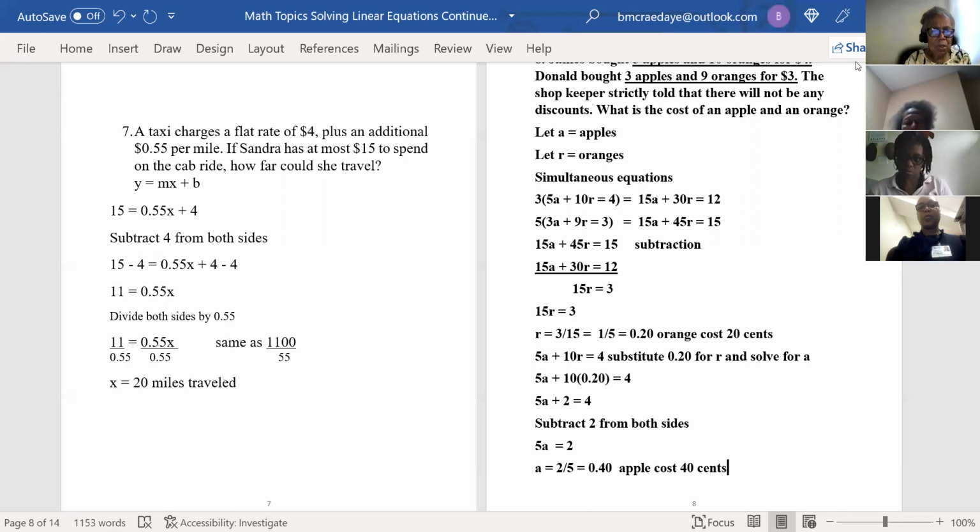Substitution means you take one equation and solve for one variable, and then substitute it into the second one. That's not always the easiest, because here you've got multiplication and division. I tend to go for elimination, but it depends on the equation.